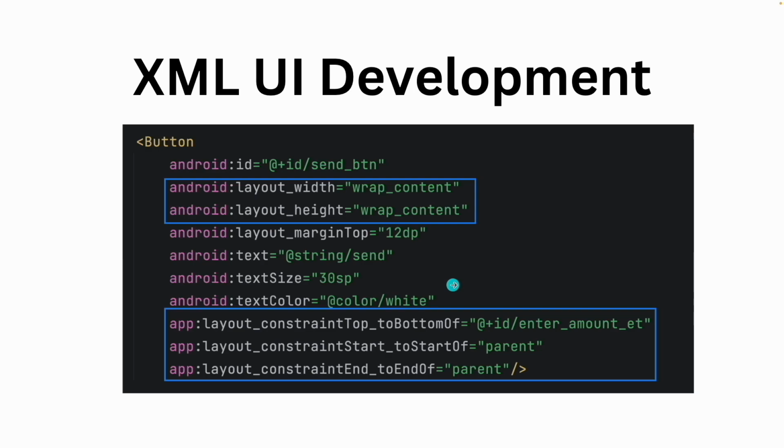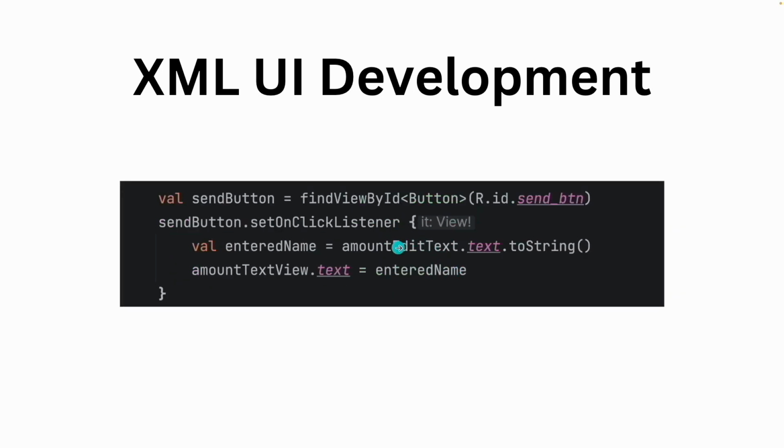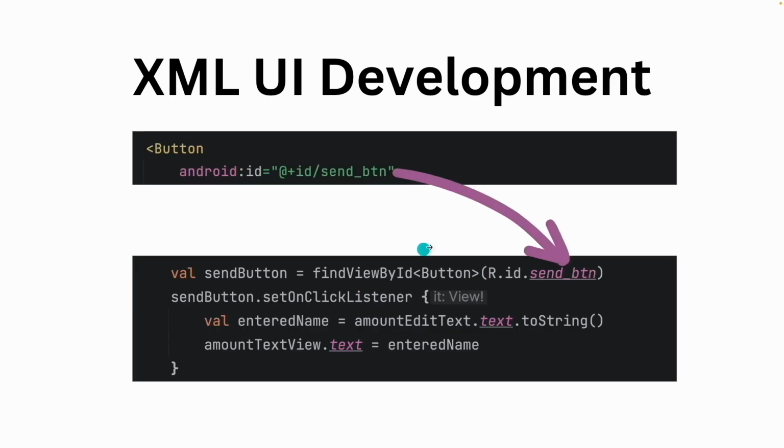And further, we also had to manually set an event listener to handle user interaction, and when the UI needs to change, then we would manually find the view by using an ID. So in this case, we are finding the button using this ID, and then we are setting different properties on this button.